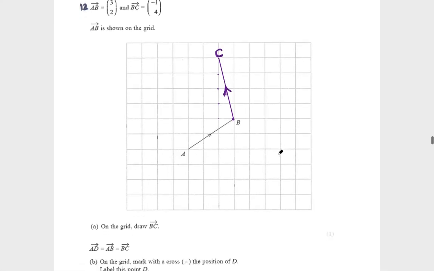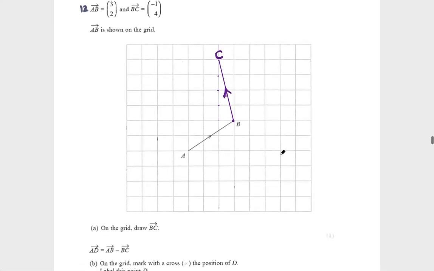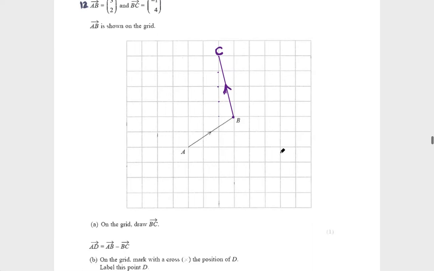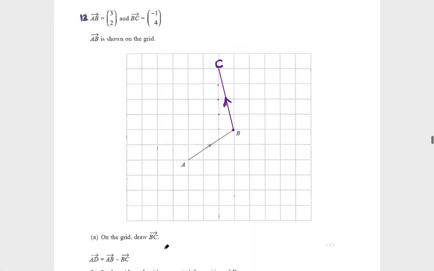Part 2 of this, AD equals AB minus BC. On the grid, mark with a cross the position of D. So we can do this in two ways. We could do it with the actual vectors themselves. AB minus BC equals (3, 2) minus (-1, 4), and you get a mark for this working. 3 minus -1 is 4, 2 minus 4 is minus 2.